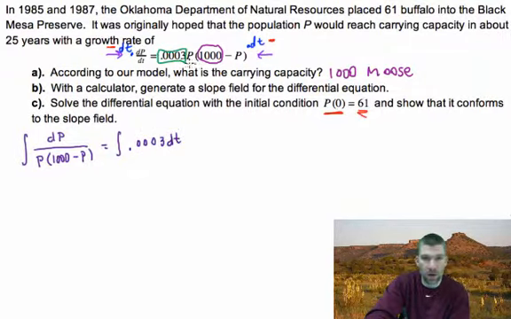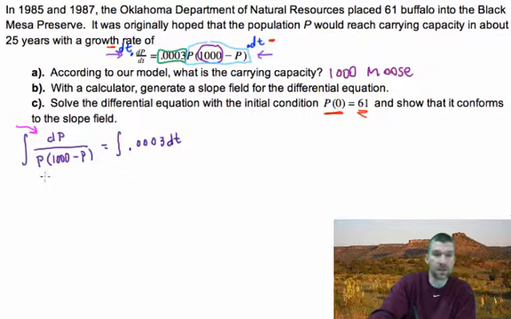And that came from right here. I'm going to divide by this part right here. Divide by that part, okay? Multiply by dt, and you get this for our integral. Now, we've got separation of variables right here.